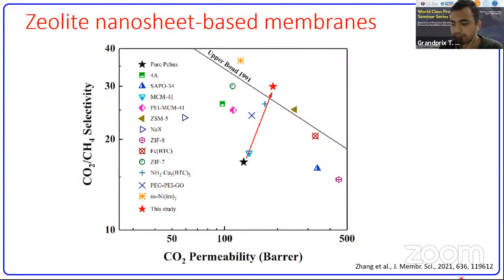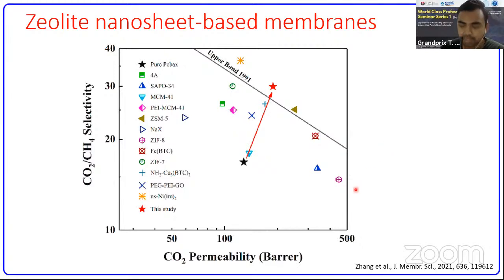As you can see here, PEBAX is considered, how to say, not really a good polymeric membrane for carbon dioxide and methane separation. It lies below the upper bound.